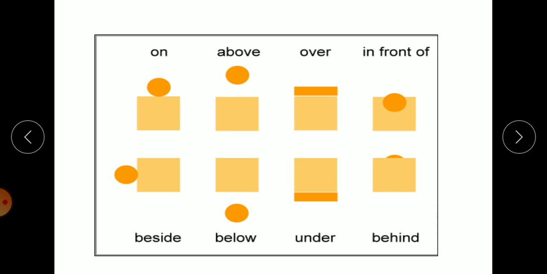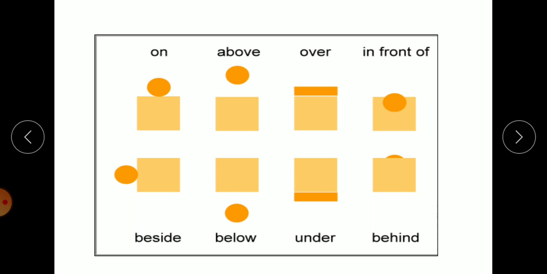Now coming to below and under. Below is the opposite of above, right? Like above we defined as when one thing is at a higher level than the other. So below is used for when one thing is at a lower level than the other.